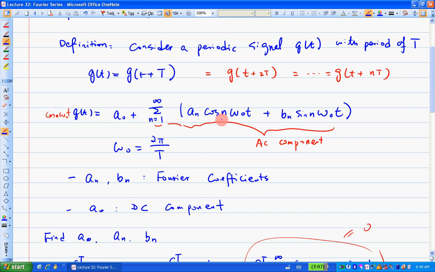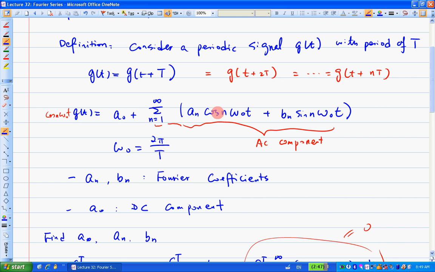Now, when we decompose that into this, particularly the second part here, when n equals 1, this cosine omega naught, this sine omega naught, that's the fundamental frequency. Then when n equals 2, it's 2 omega naught; when n equals 3, 3 omega naught. So it's not random. It's not a random summation of harmonics; it's always a multiple of the base frequency.